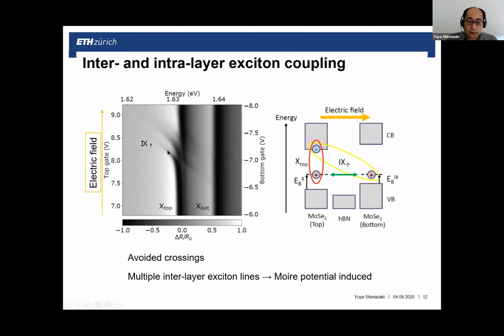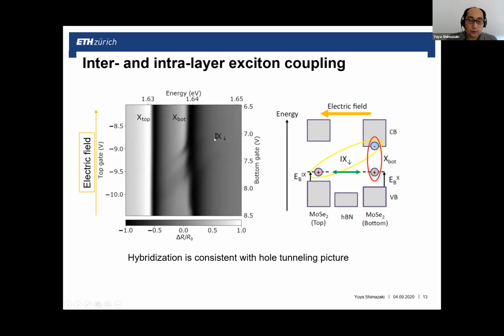We think this is due to the moiré potential in the system. And the gaining of the oscillator strength is due to the hybridization with the intralayer exciton. So part of the intralayer exciton oscillator strength goes to the interlayer exciton, and we can nicely see this signal in this reflectance spectroscopy.